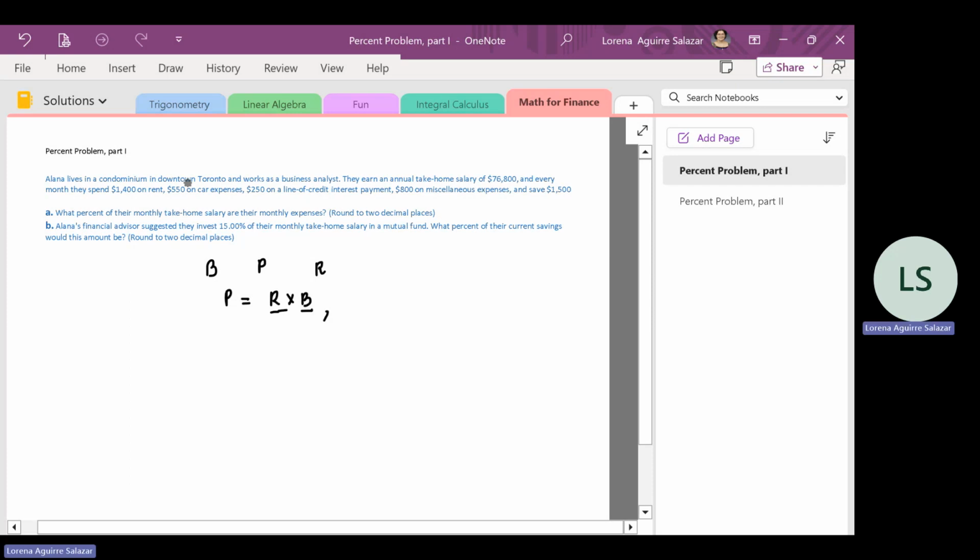But sometimes we need to compute the rate or the base. To compute the rate, given the portion and the base, we do portion divided by base. And to compute the base, given the portion and the rate, we do portion divided by rate.